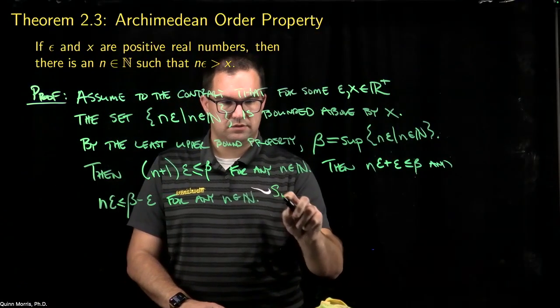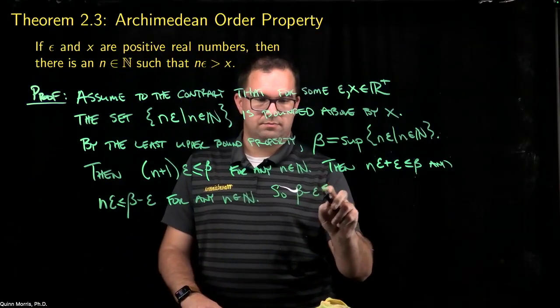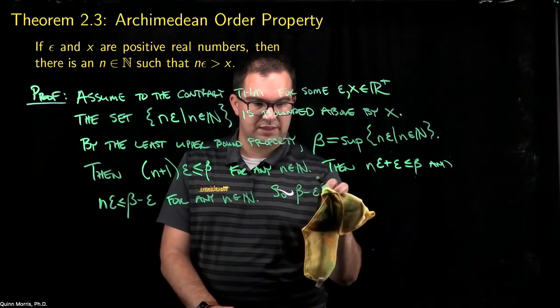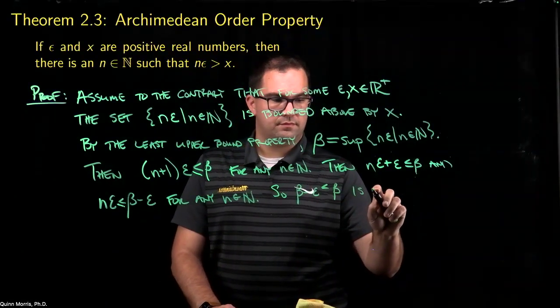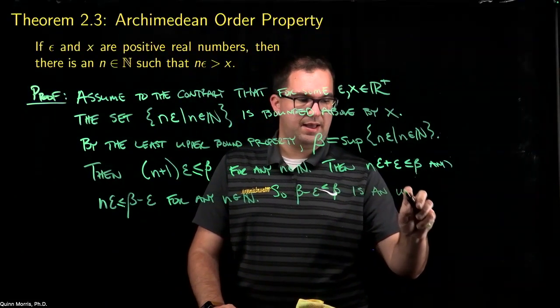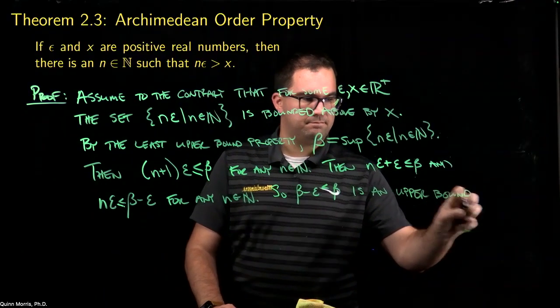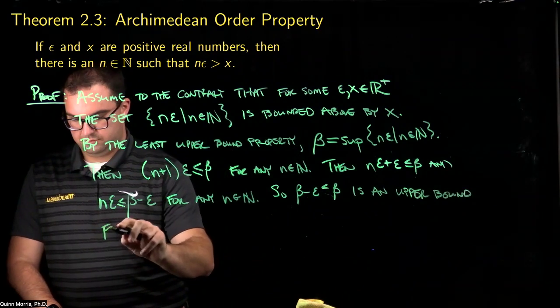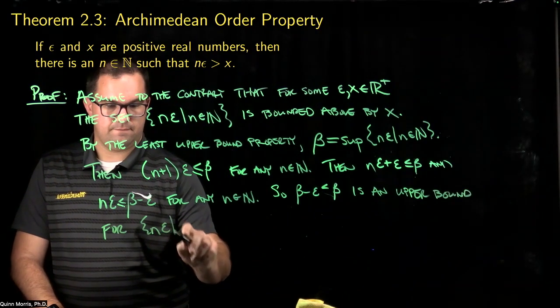So this says then that beta minus epsilon, which, by the way, is strictly less than beta, is an upper bound for this set.